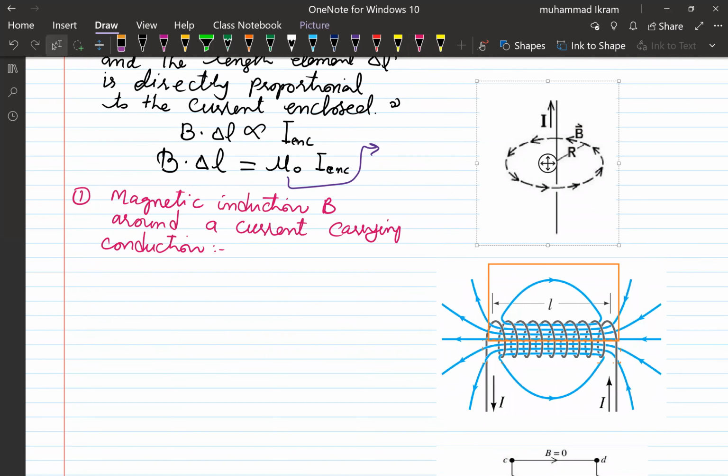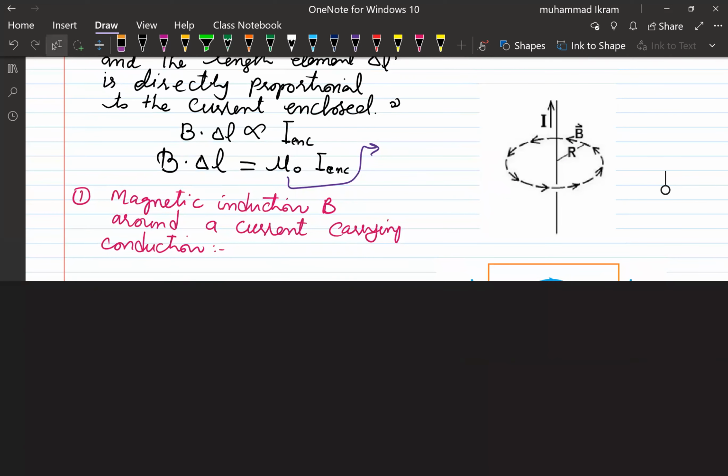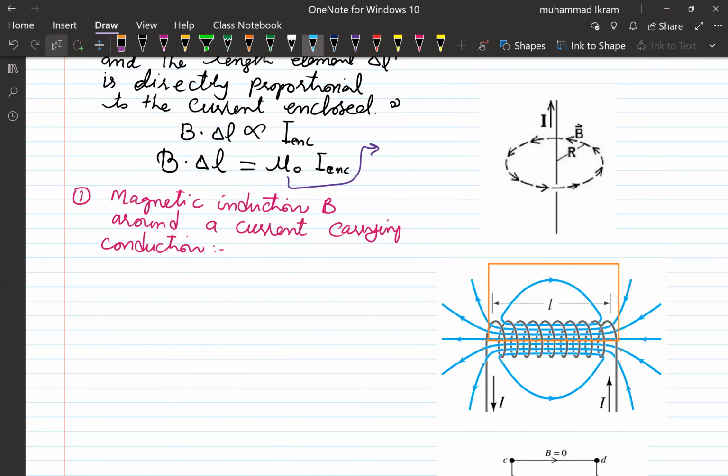See here, if you connect this to the positive terminal of the battery, and this to the negative terminal, definitely there will be a current flowing, and the direction of the current is shown, and there will be a current I that is out of the plane or out of the paper.